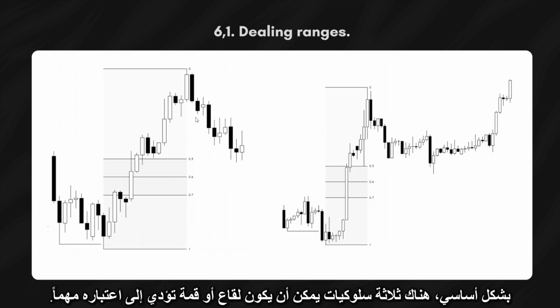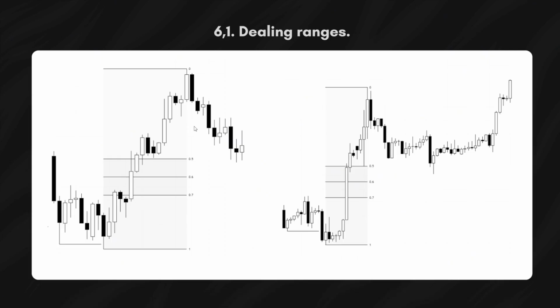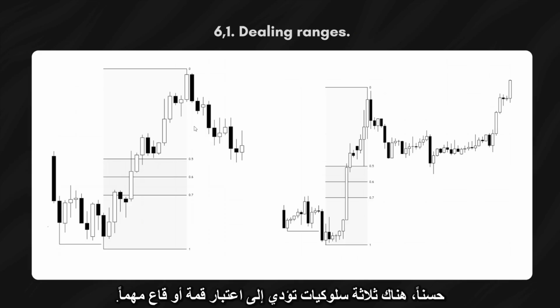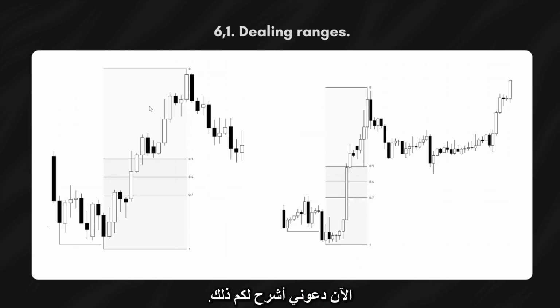Basically, there are three behaviors a low or a high can have that lead to it being considered a significant one. Now let me explain those behaviors to you on a chart.